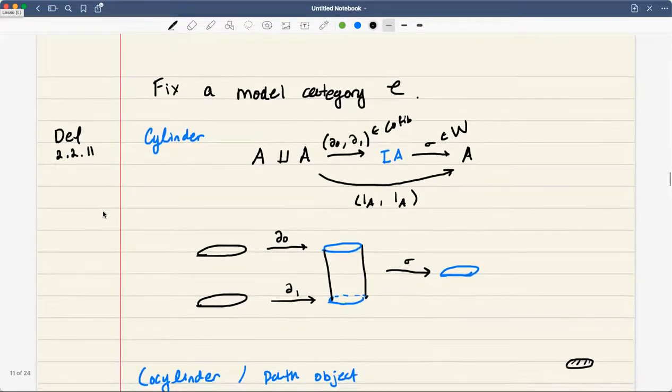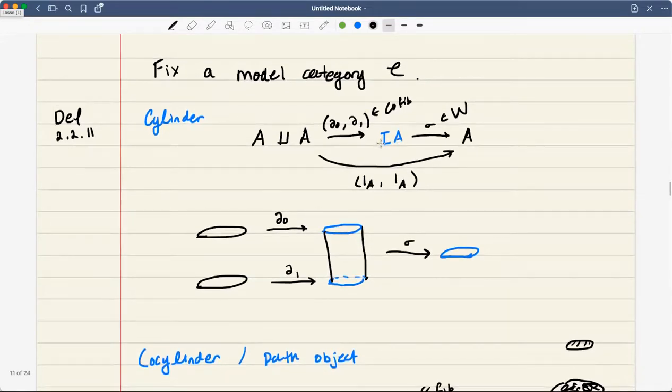Okay, so then we have some constructions in model categories that will help us in the future. The first is a cylinder. This is probably best thought of using some topological intuition. This is the categorical definition.